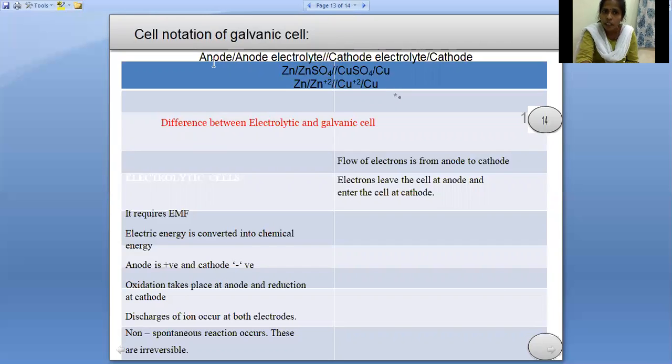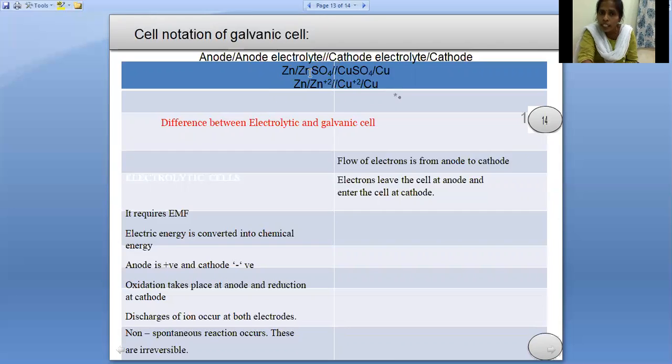Now here the anode is zinc in our voltaic cell. The anode electrolyte is zinc sulfate. Double vertical line. The cathode electrolyte is copper sulfate. The cathode is copper. The single vertical line shows contact with the particular electrolyte, and the double vertical line resembles the salt bridge.